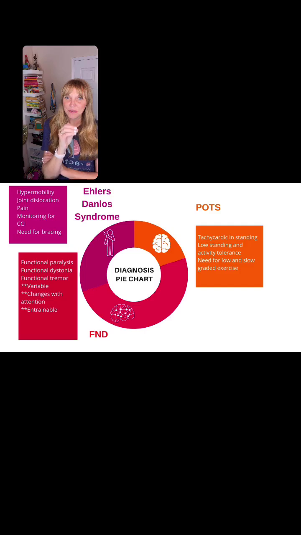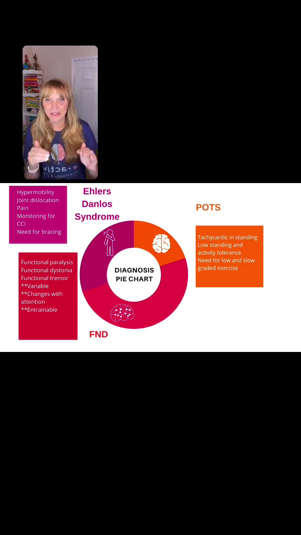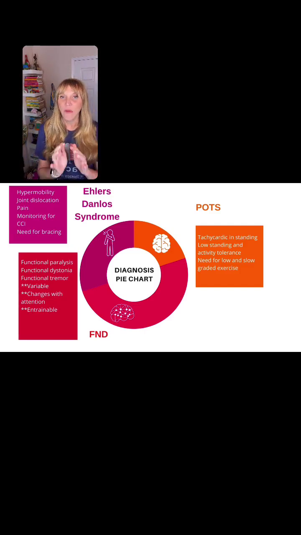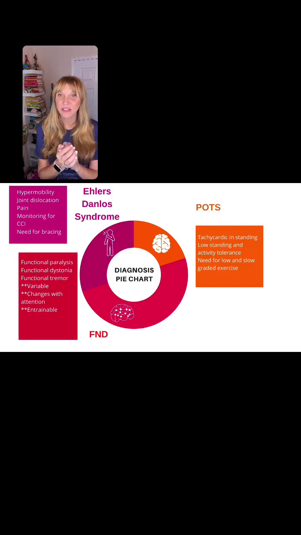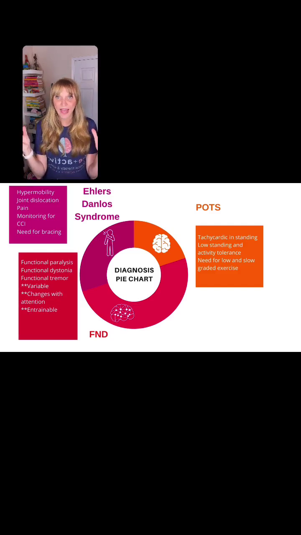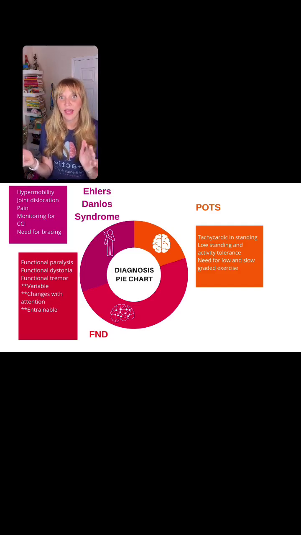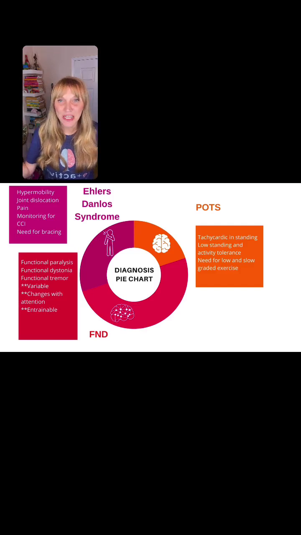I give you this example of the diagnostic pie chart because this is, I think, the beauty of looking at the whole person: we can look at where these diagnoses intersect, how they impact the person, and we can zoom out again to the whole person. I showed you the FND pie chart.